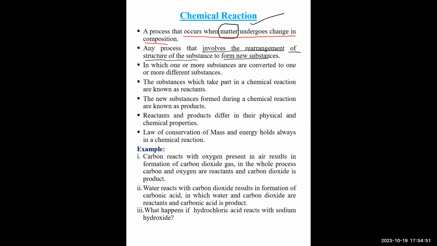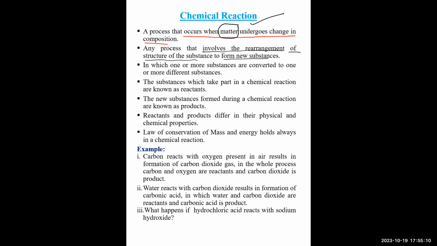So whenever you combine two different matters like carbon, which is solid in nature, and oxygen, which is gas in nature, depending upon the compositions, the product will be carbon monoxide or carbon dioxide. That is what we are talking about.